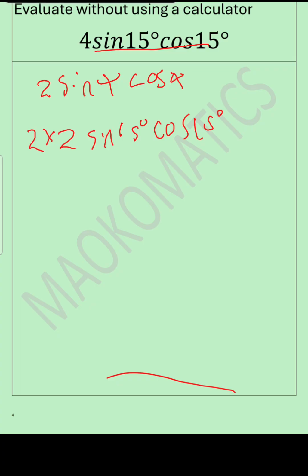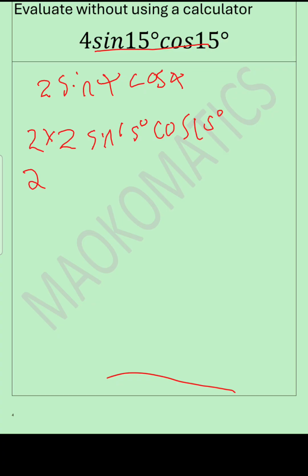Then you will realize that this part now is the double angle identity of sine. So the 2 is still there.